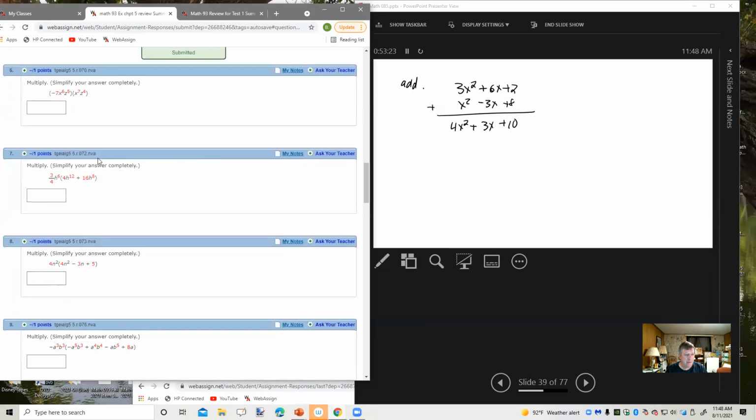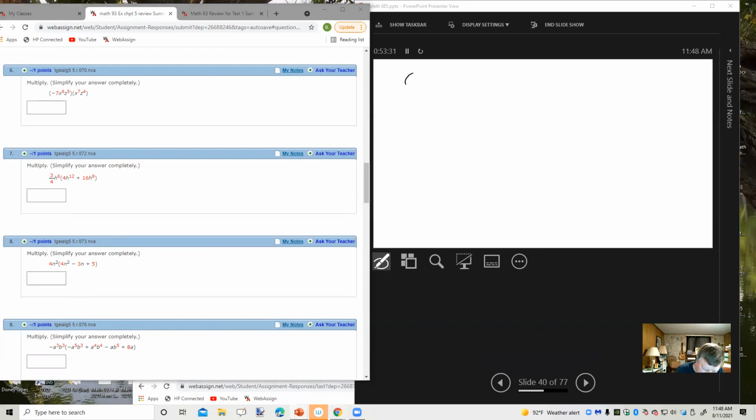All righty. Let's take a look at this one, which says to multiply. So we've got negative 7 x to the 6th z to the 5th times x to the 7th z to the 4th. So we've got negative 7 x to the what? 6 plus 7 is 13.